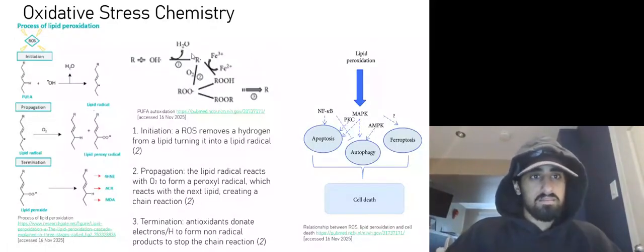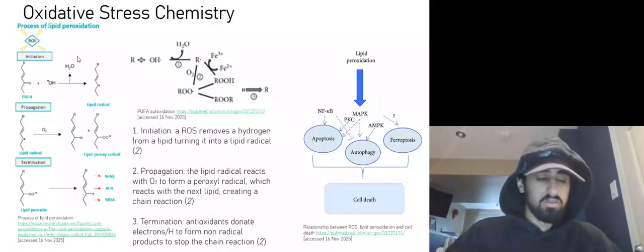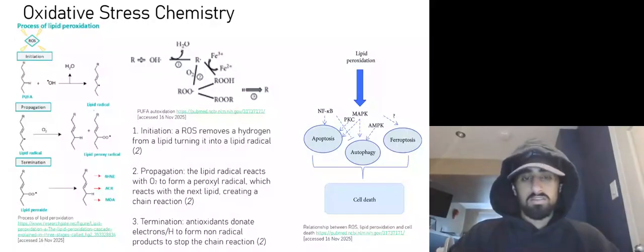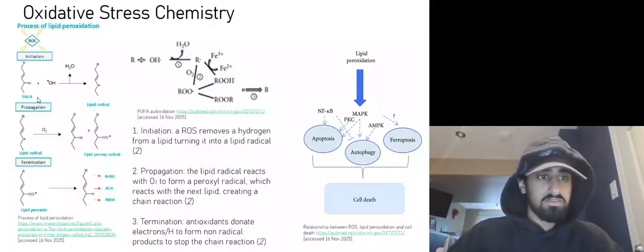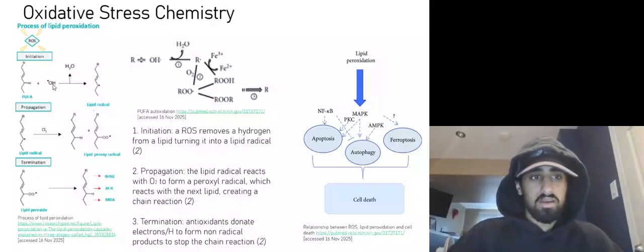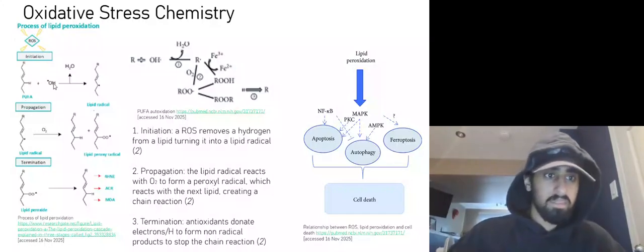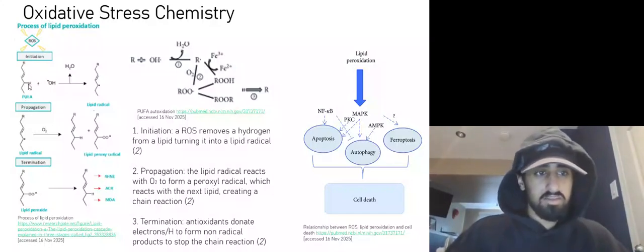So now we can look at how oxidative stress causes damage to cells. This is how a hydroxyl radical can damage a polyunsaturated fatty acid. There are 3 steps.